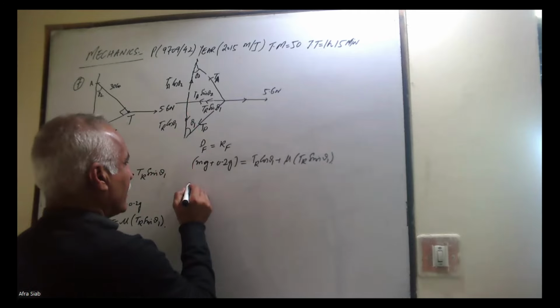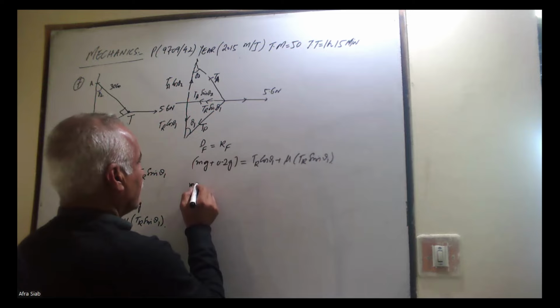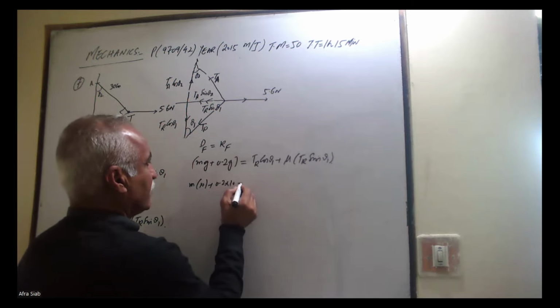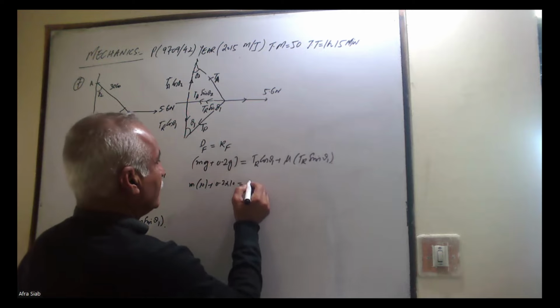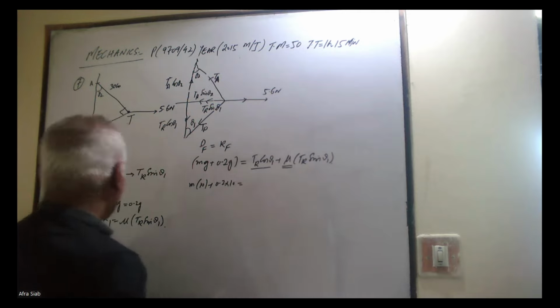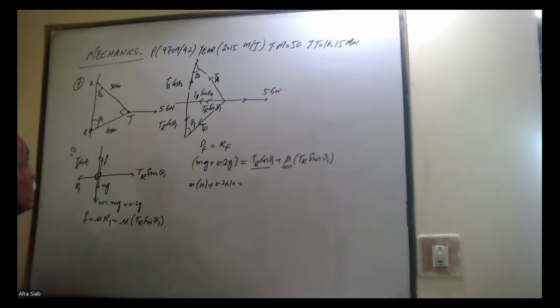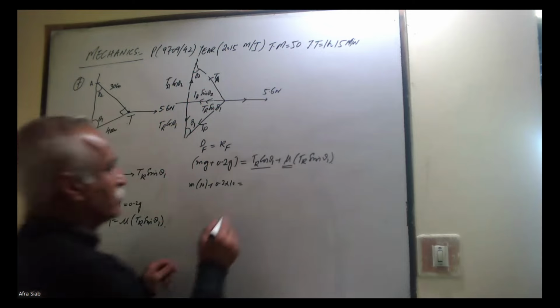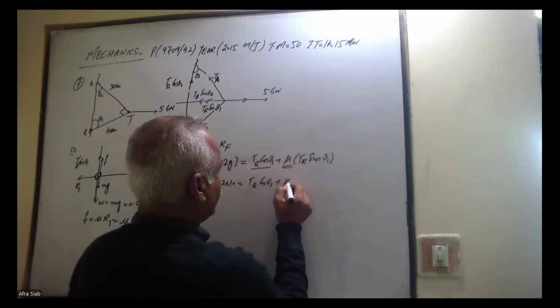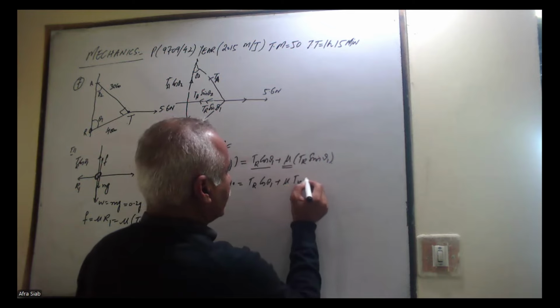So m is common there. m into g, g is 10, plus 0.2 into 10 is equal to TR cos theta 1 plus mu, which is the same, equal to what? 0.341 from the previous part, because it is unchanged, and TR sine theta 1 is there. So TR cos theta 1 plus mu into TR sine theta 1.